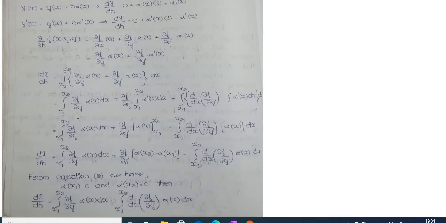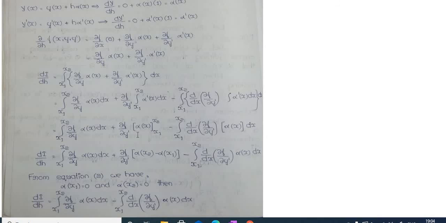We did not do any integration for the first term. We are doing integration for the second term, that is first function into integration of second one minus integration of differentiation of first one into integration of second one dx. That means product rule of integration. So we are not doing any integration for the first term, so the first term will come like this as it is. So ∂f/∂y dash like this only.